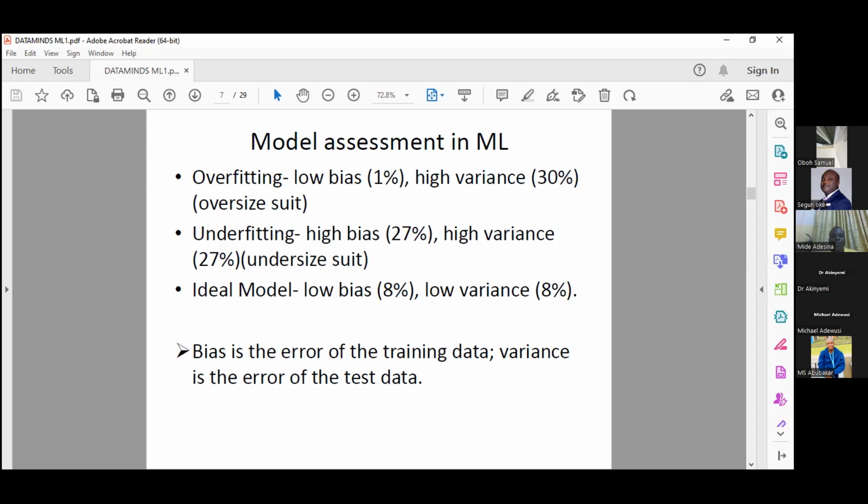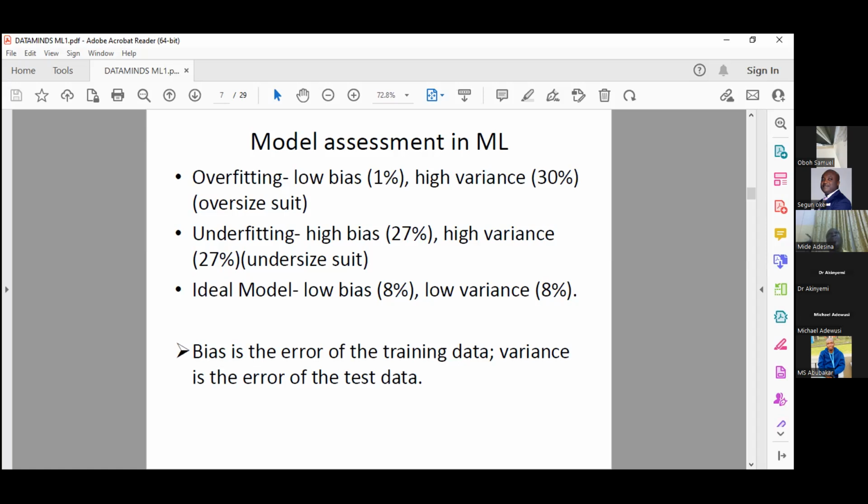So when you have low training error and you have high testing error, that is overfitting. That is a case of overfitting.